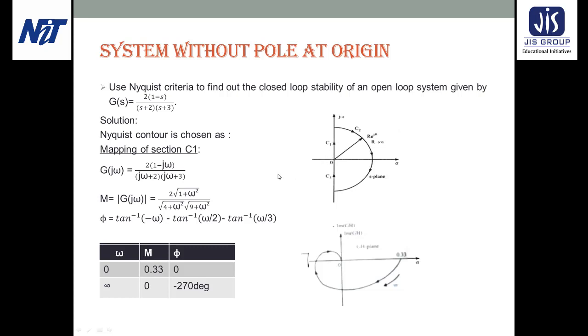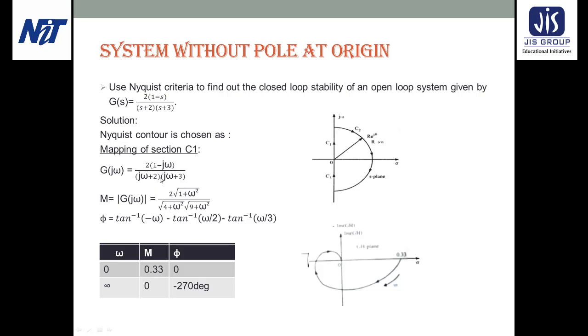So we will put S equal to j omega, and when we put S equal to j omega, the mapping of this section into the G(S) plane becomes the polar plot of G(S). So G(j omega) equals 2 into (1 minus j omega) divided by (j omega plus 2) into (j omega plus 3).